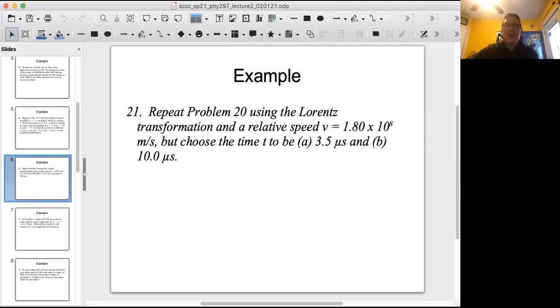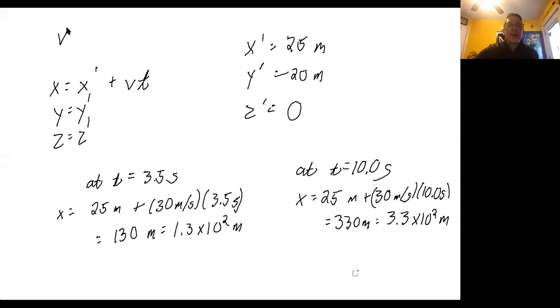So now we have to change a few things. Now v is equal to 1.80 times 10 to the 8 meters per second, and I'm going to write that as 0.600 c.